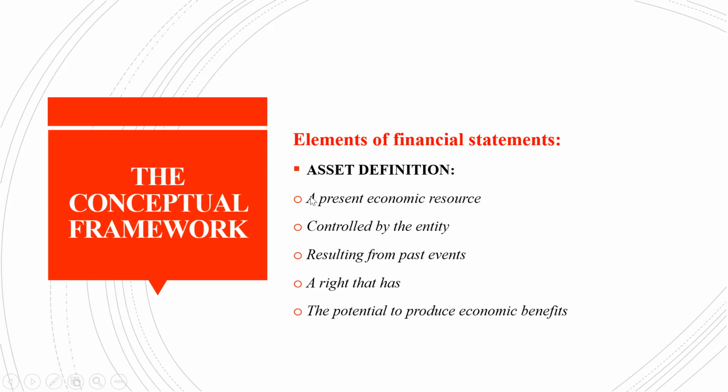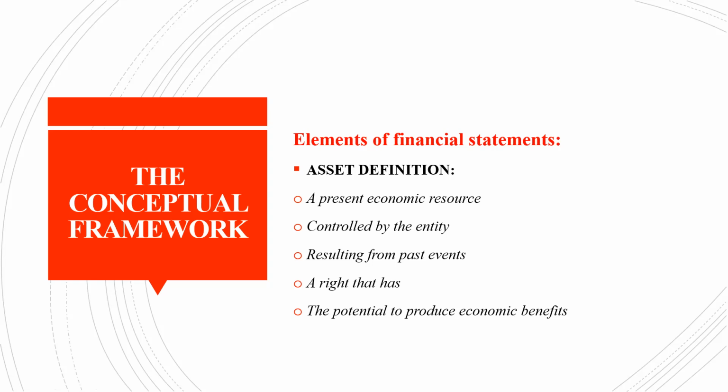The first element of the definition of an asset is that it's a present economic resource. When you say that it's a present economic resource, what does it really imply?